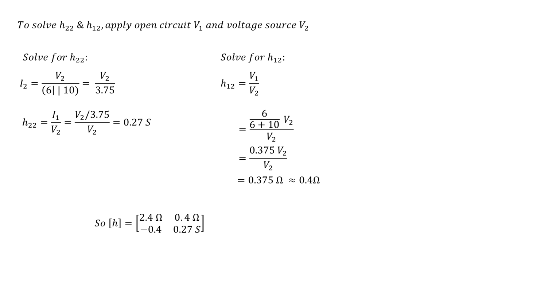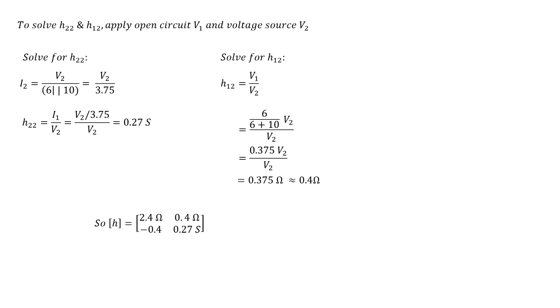And remember that in question 1, I said that for y parameters, the units will be in Siemens. But for the h parameters, it's kind of a mixed bag. For H11 we are using ohms, and for H12 we are using 0.4 ohms.